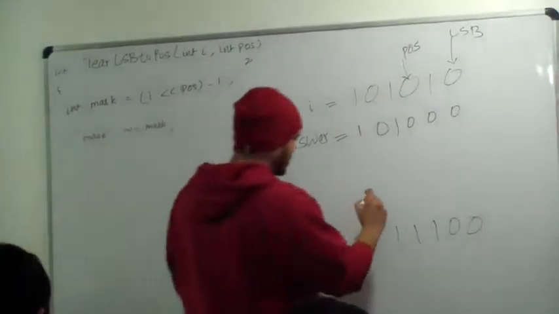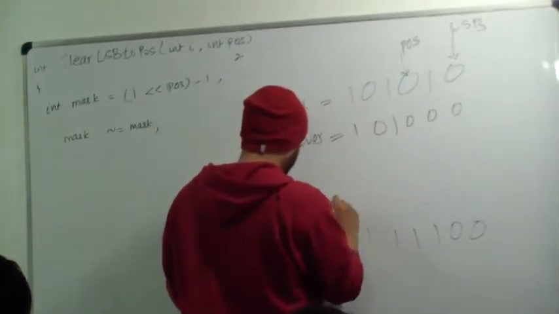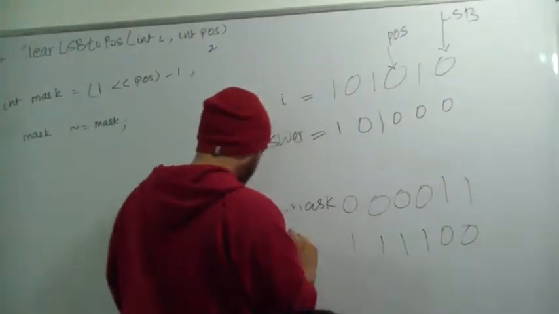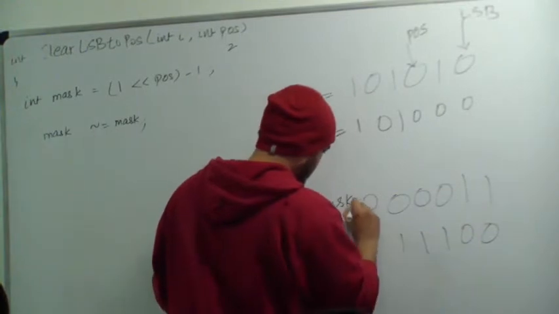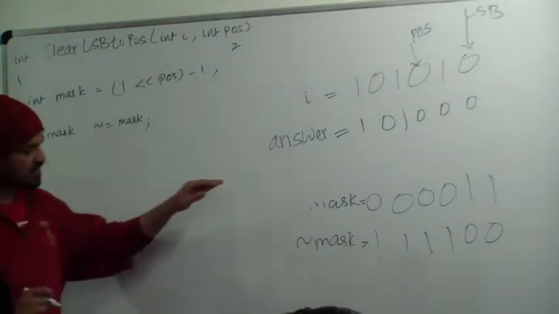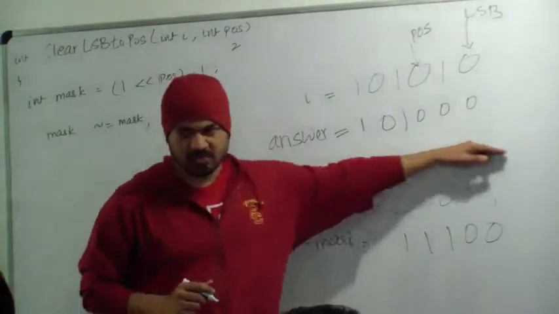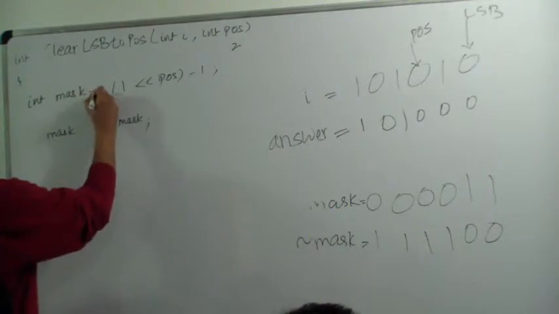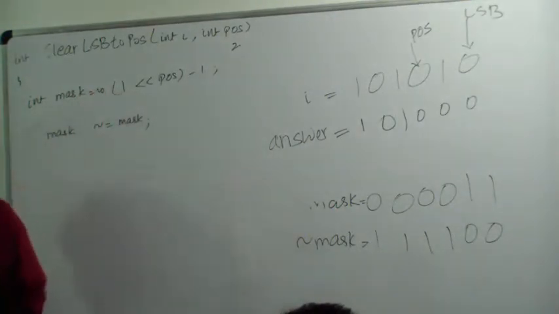So your mask at this point in time and your negation of mask looks like this. Correct? Will it work if I subtract this from all ones? So take the negation, negation of 0, and then subtract.